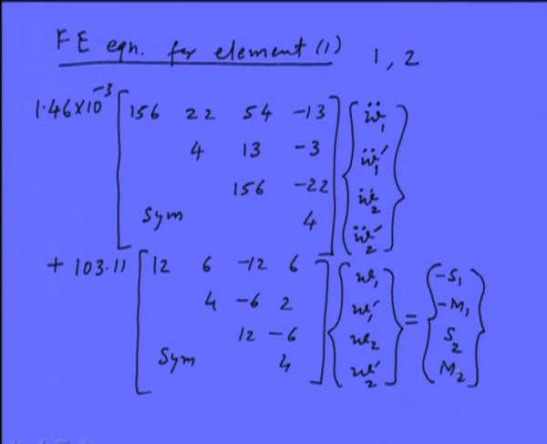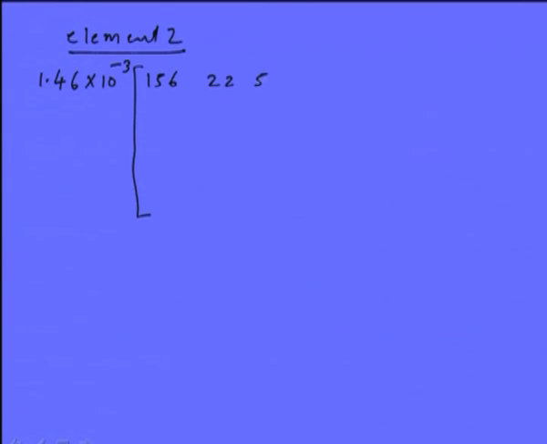Now we will write the elemental equation for the second element, element 2. Again I am giving the detailed steps so that the procedure is clear. This is the mass matrix. Because the element size and dimensions are the same, this mass matrix is identical to the previous one.